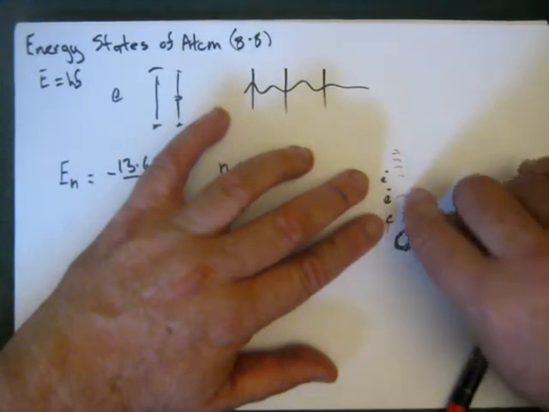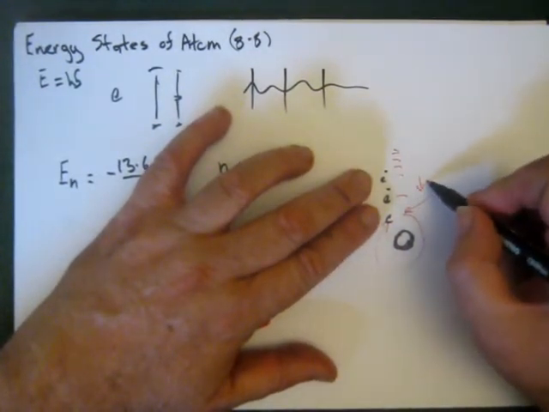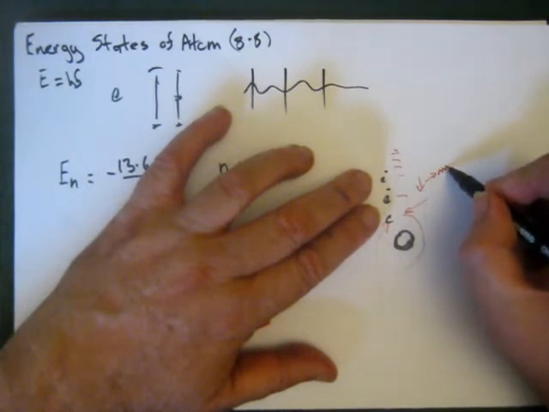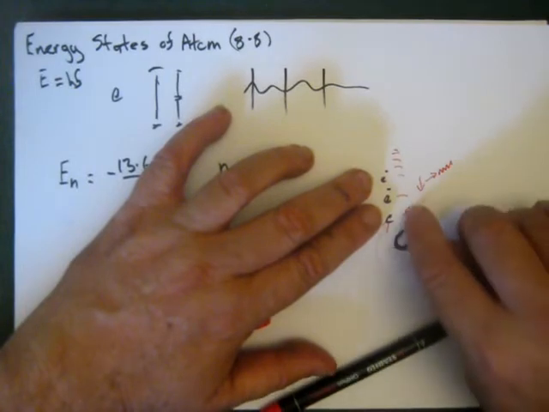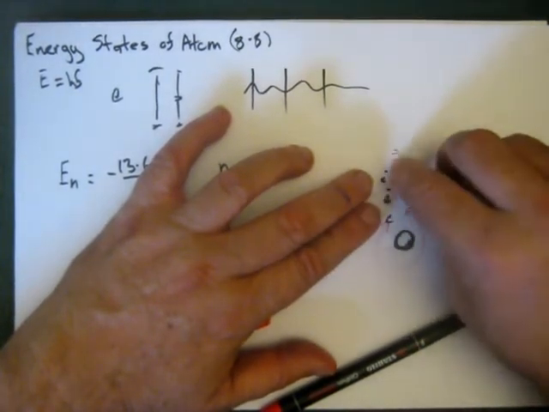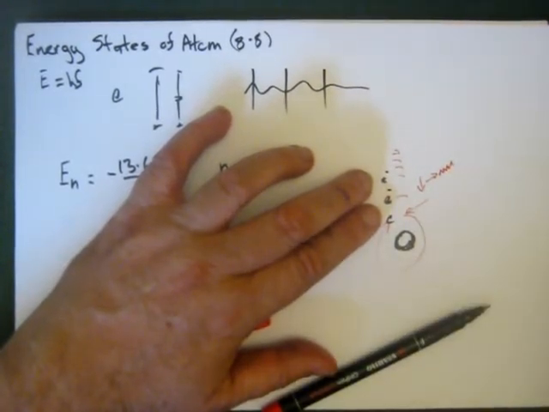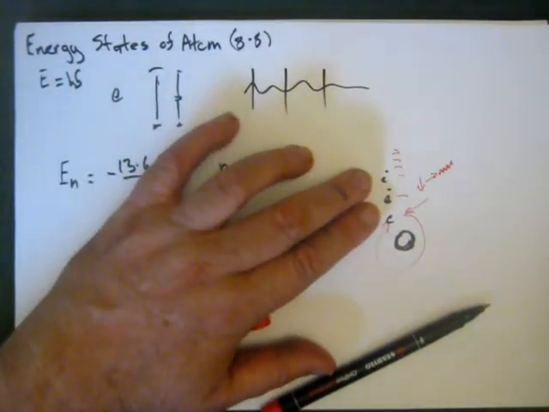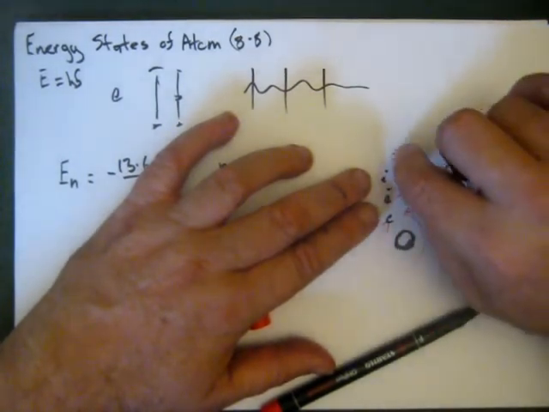When it drops down a level, it will emit a photon. It will squirt it out. The electron goes up when you put energy in, and when it drops down, it releases energy. And due to quantum mechanics, which is Niels Bohr's speciality, these are very specific levels.